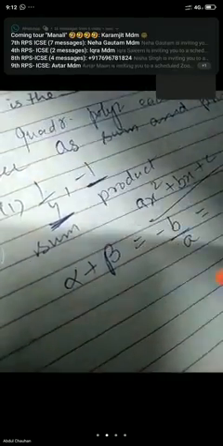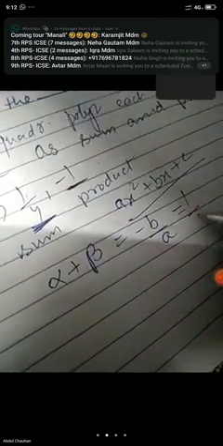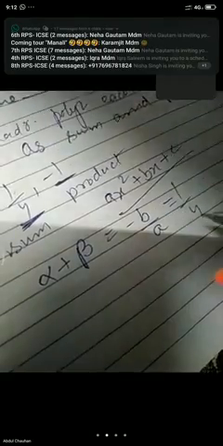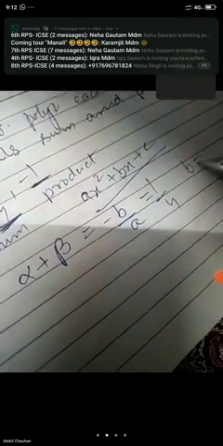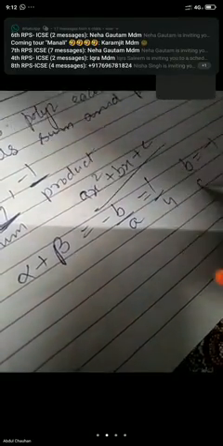The sum of zeros is given as 1 upon 4, so compare it with this. Here b is equal to minus 1 and a is equal to 4.